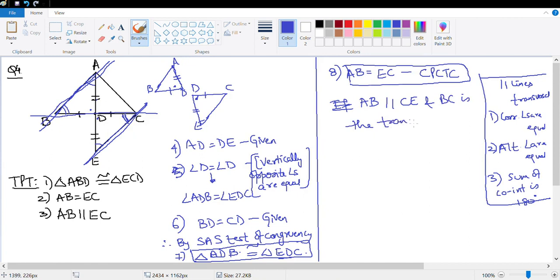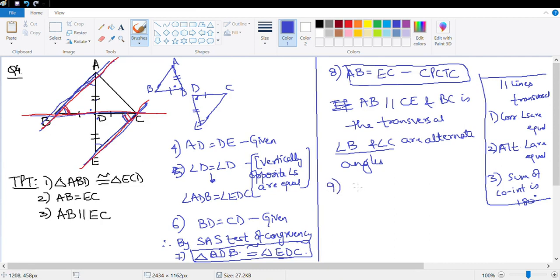So this is what I'm looking at. I always prefer to highlight what line I'm looking at. So I'm looking at this line, and this is the transversal. So then this angle and this angle become, yes, alternate angles. So with the transversal, angle B and angle C are alternate angles. Again, a good habit to write angles with three letters.